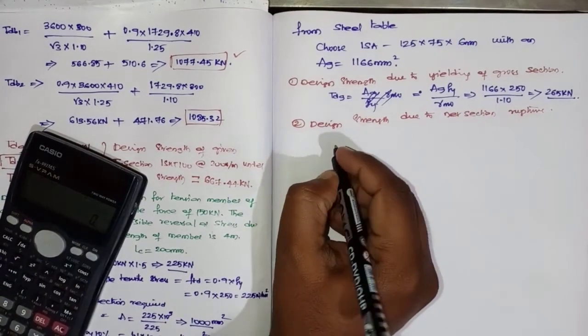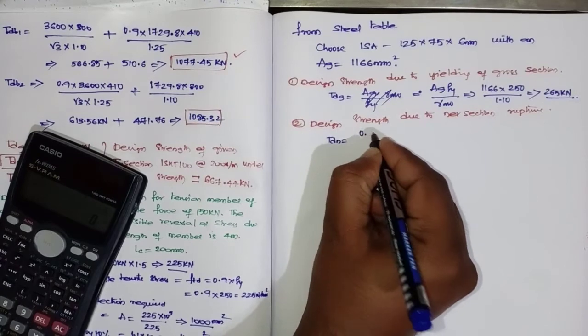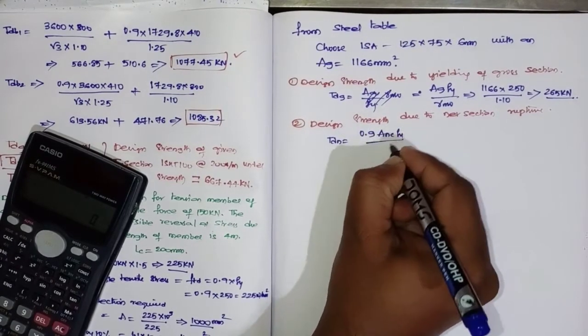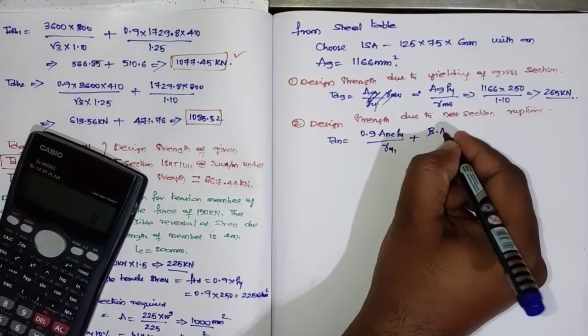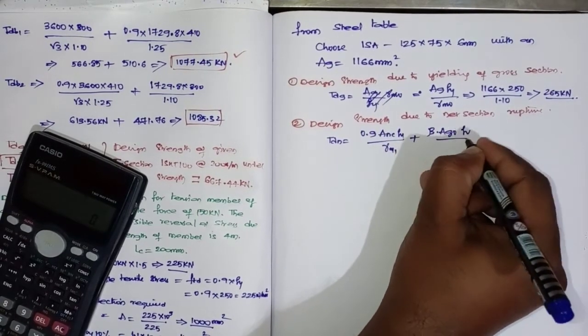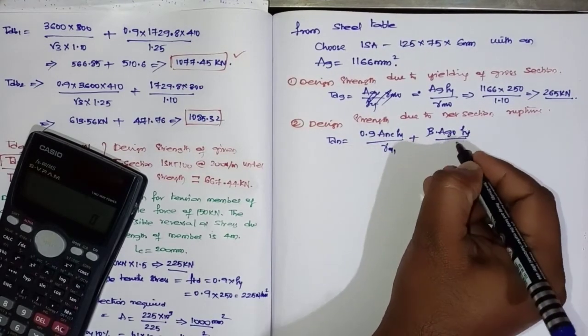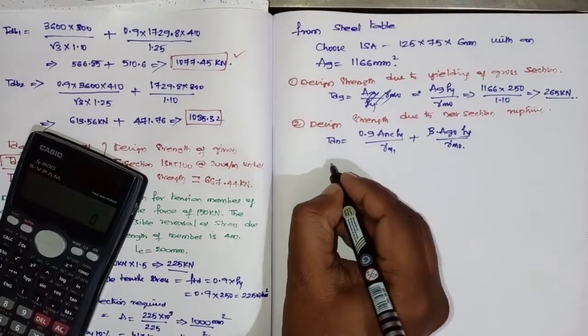That is Tdn equals 0.9 Anc Fu by gamma m1 plus beta Ago Fy by gamma m0, right? Area of connected leg.